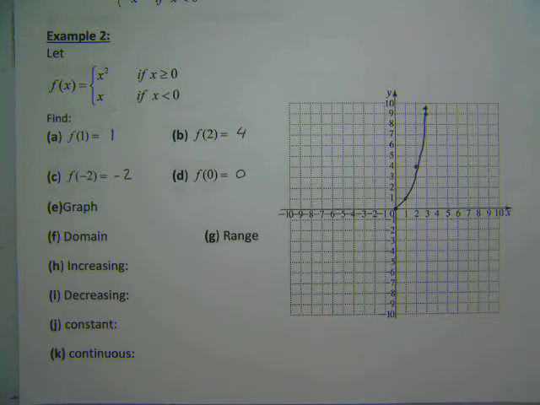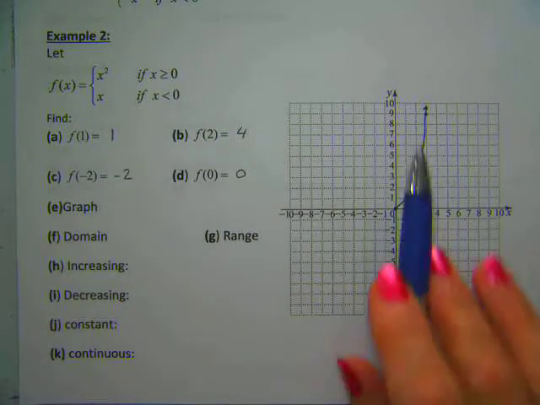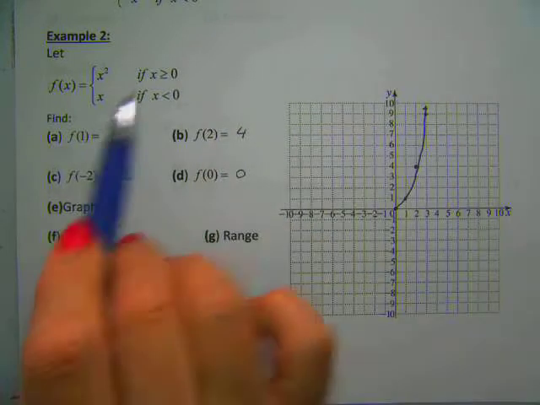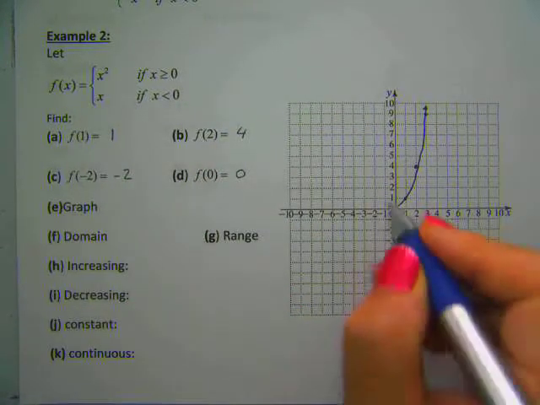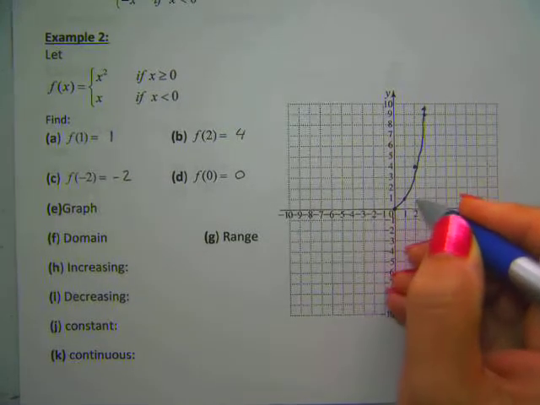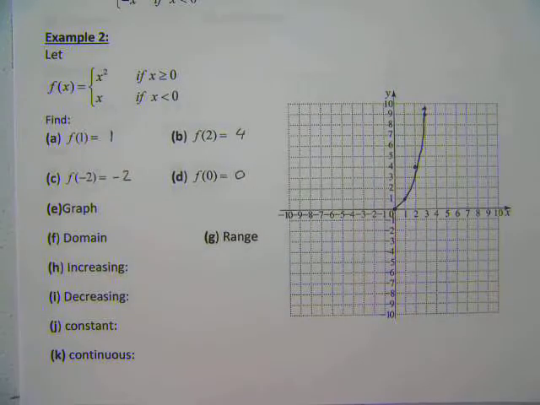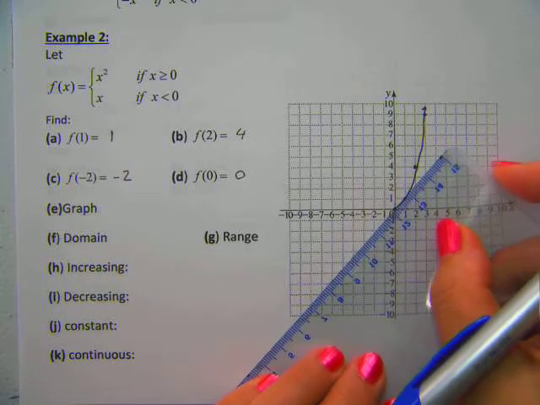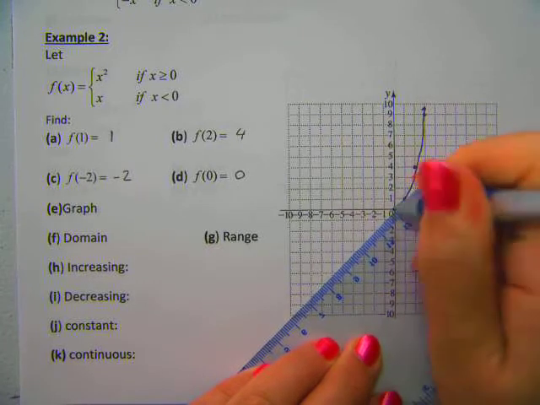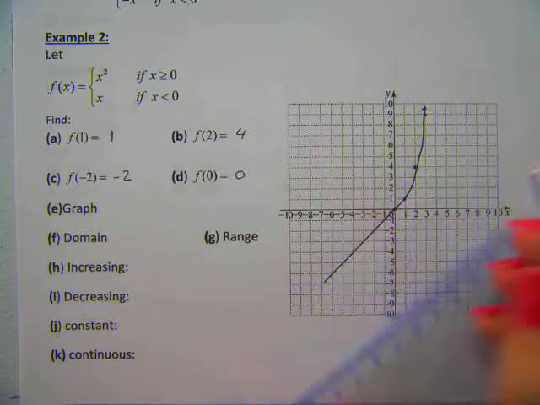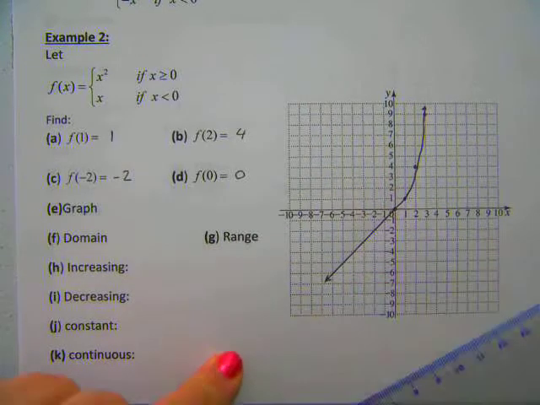Now, if x is less than 0, then my function is the identity function, which is the first one we studied, and that is a line that is 45 degrees. So I'm going to actually use this to be more accurate. So it is this line, and only this line.